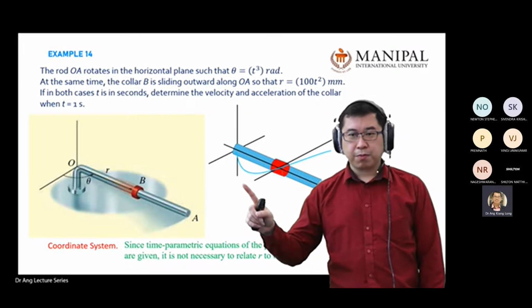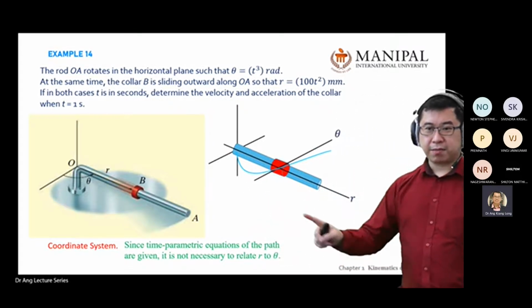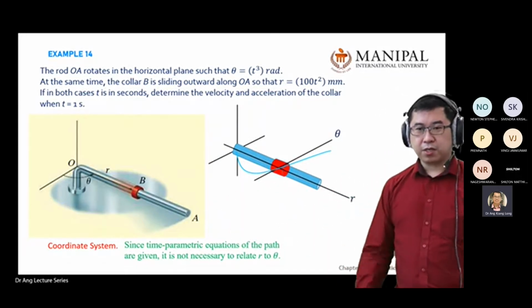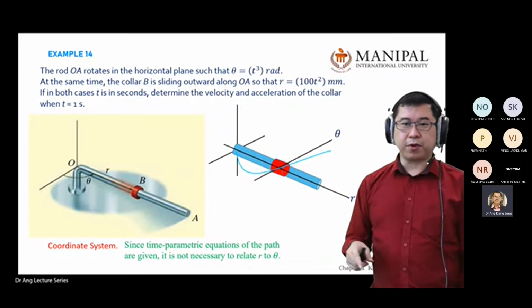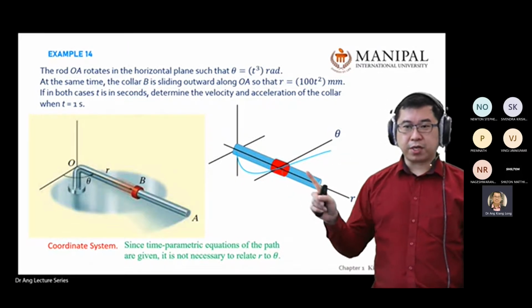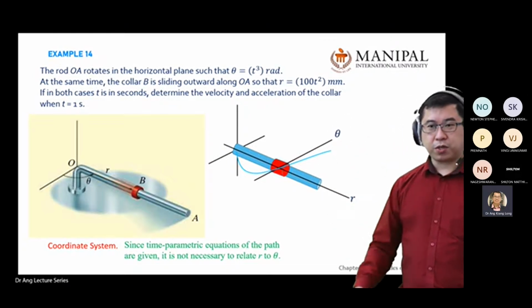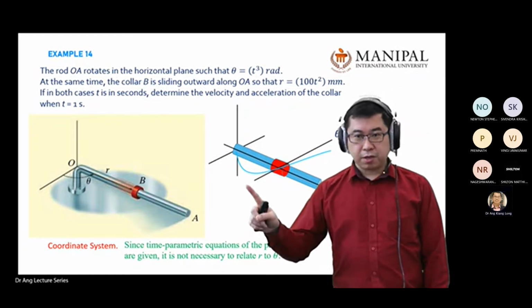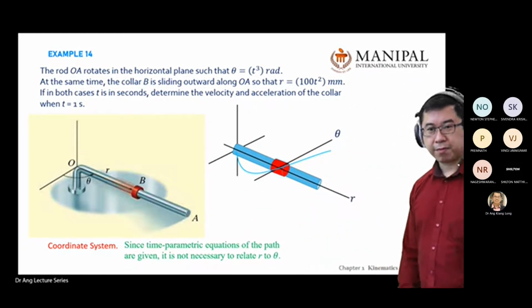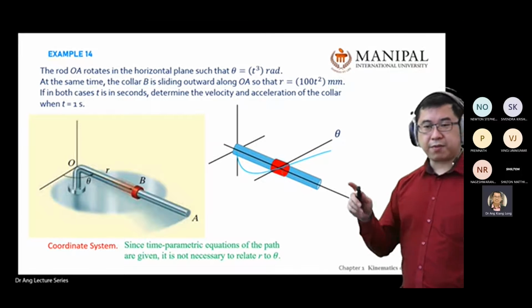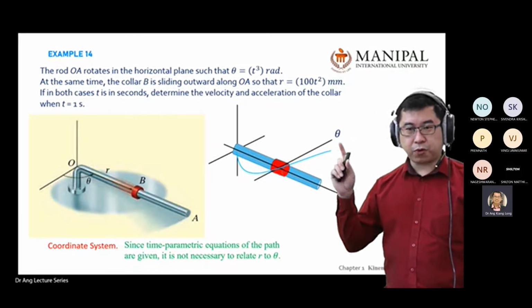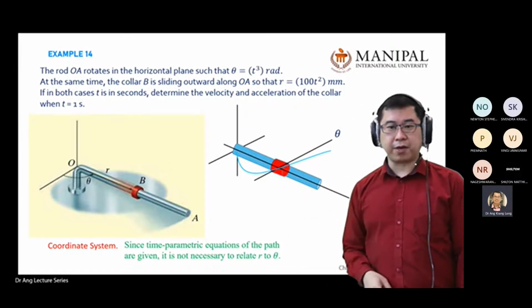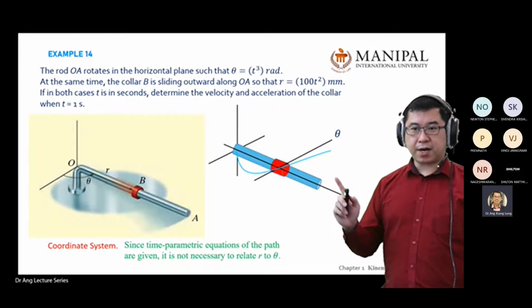Meaning your positive direction is this direction, so every time you input your value later, because your rod is moving that direction, you need to remember to put in the negative sign in your answer. I like to follow the movement of my object so that my answer will always get a positive value. Okay, we settle the r and theta axes.